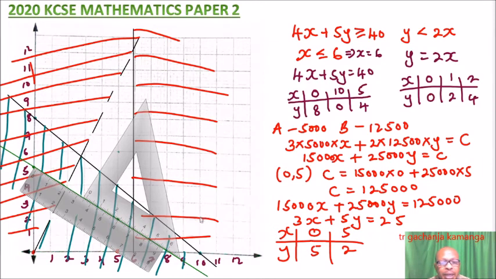Then you slide the ruler upwards. The first point which will be touched by this edge of the set square is where you have our minimum point. You hold this set square like this and slide it upwards. The first point to be touched by this edge will be the minimum point.